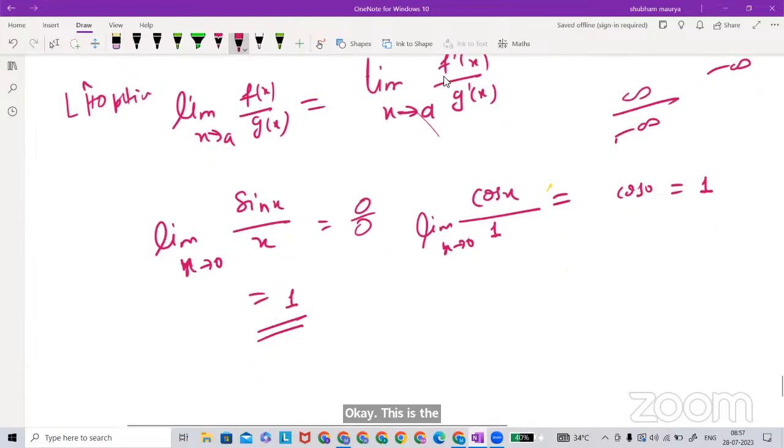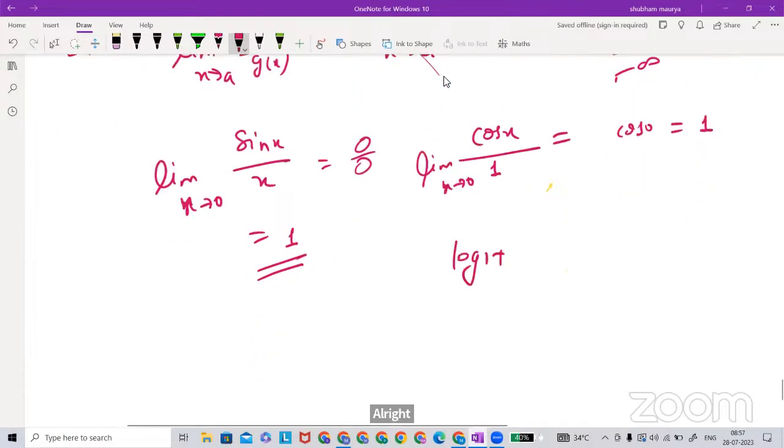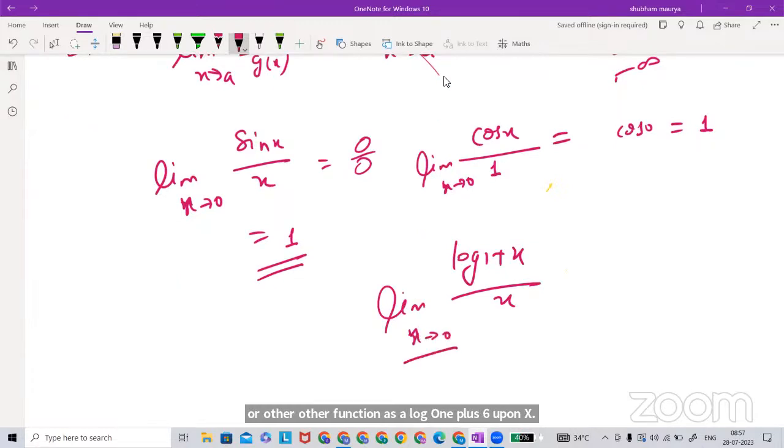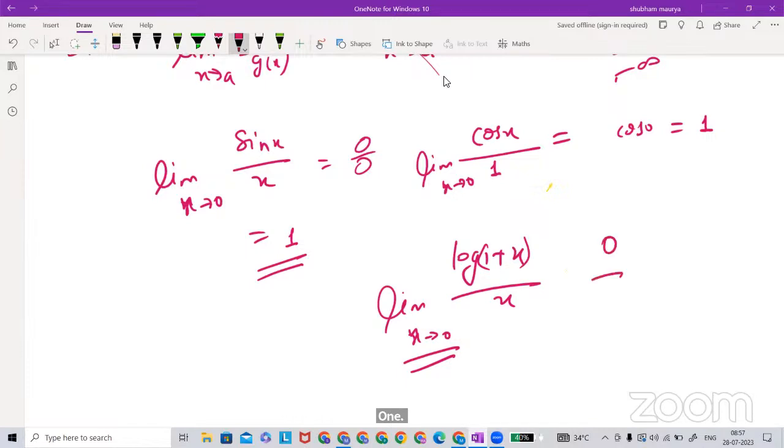Take another function, log(1 plus x) upon x, as x goes to 0. What is this limit? It is 1. Why? If you apply L'Hopital's rule, log(1 plus x) goes to 0, so it becomes a 0 by 0 form.